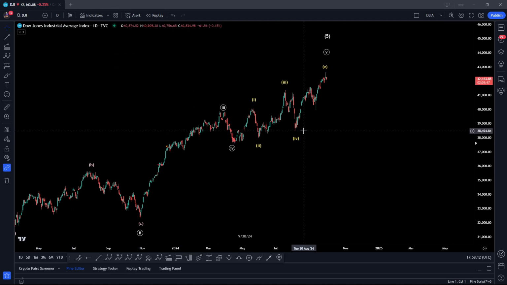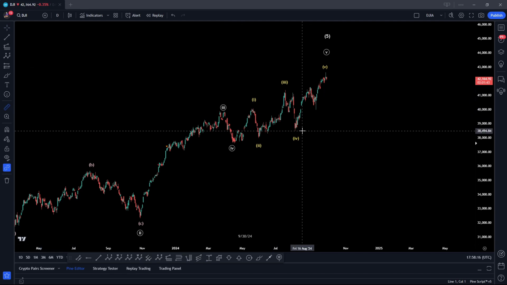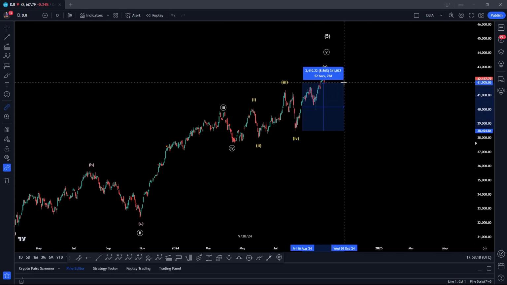And as long as the fifth wave is more than 8.92%, okay, we would have had to get past 41.9-ish to exceed that distance in percentage.